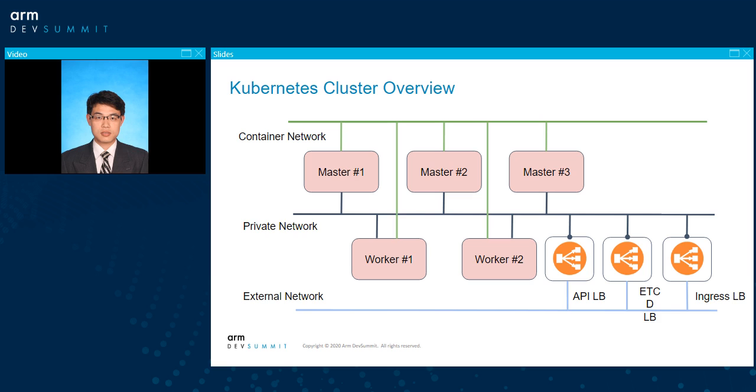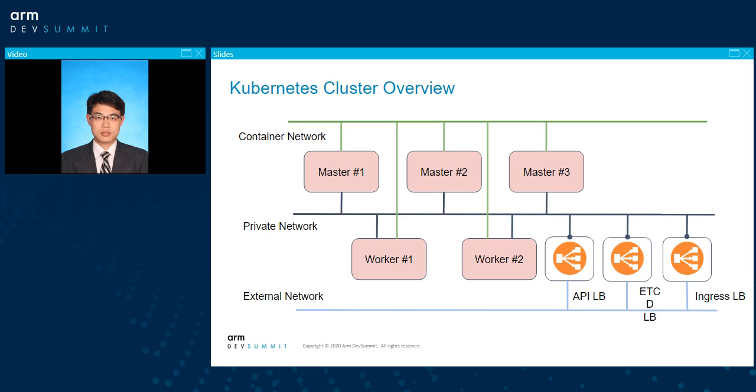The API server and the etcd are exposed to a load balancer not only for the internal access from the kubelet via the private network, but also for the external network access. You can mount a floating IP to this load balancer, so that you can get access to your Kubernetes cluster on the internet.